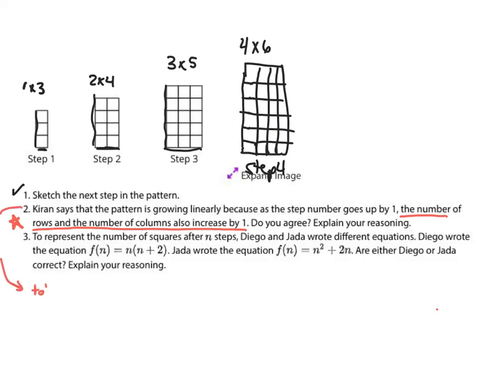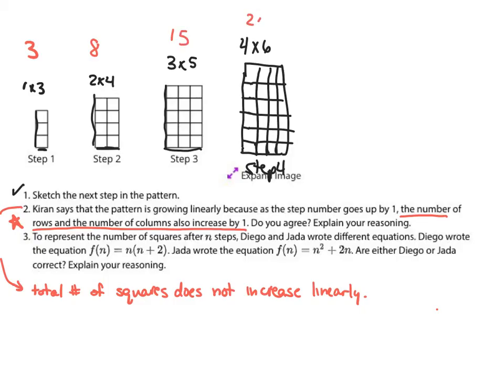The total number of squares does not increase linearly. Here I have 3 squares, 8 squares, 15 squares, 24 squares.